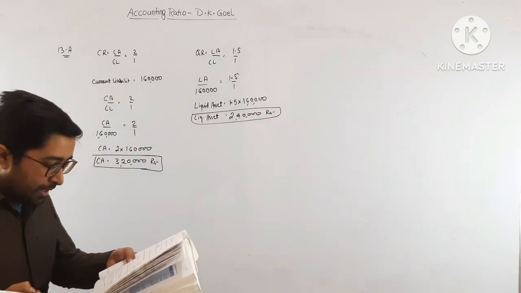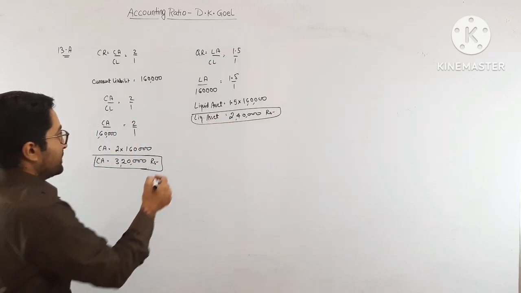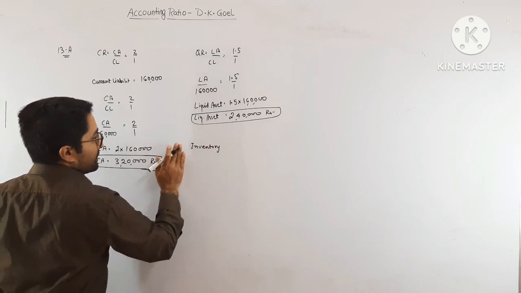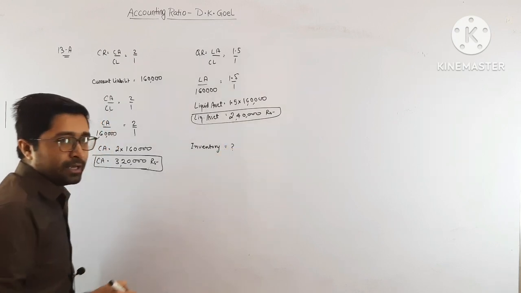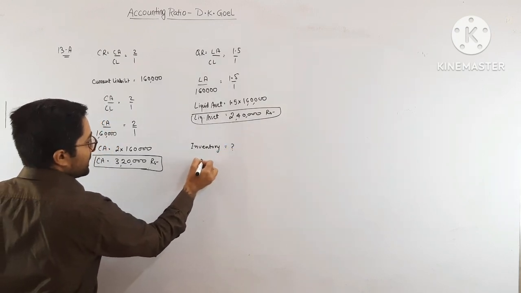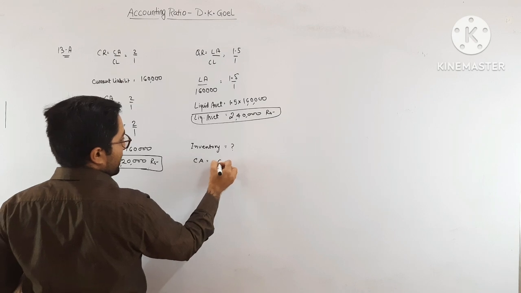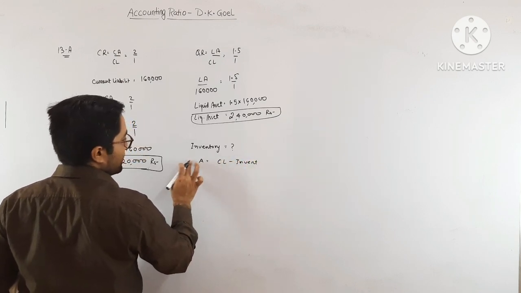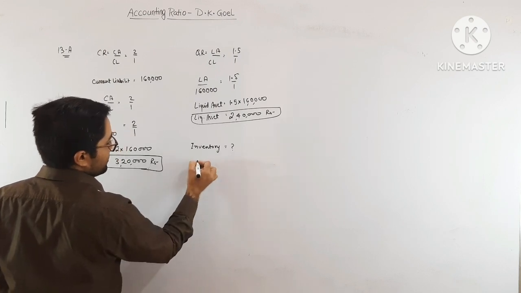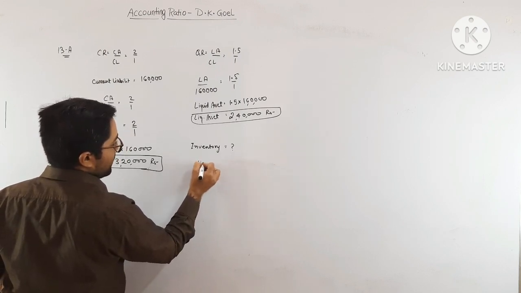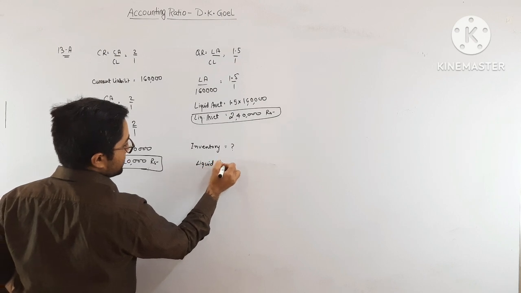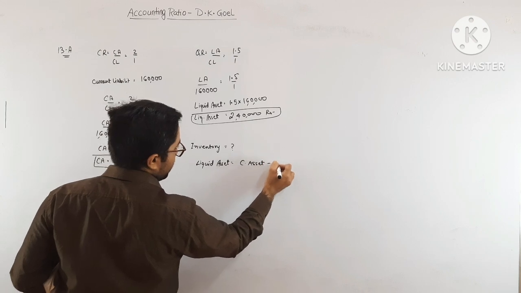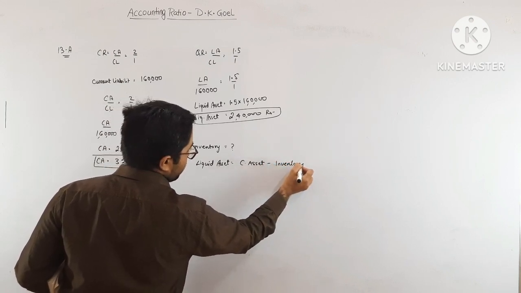And you have to find the inventory. So what will be the value of inventory? Clear? So you know, liquid asset equals current asset minus inventory. This is the formula.